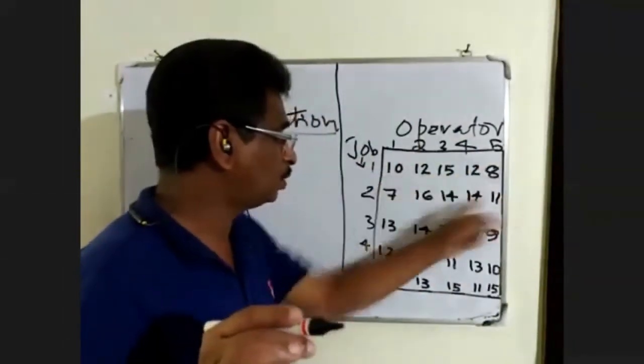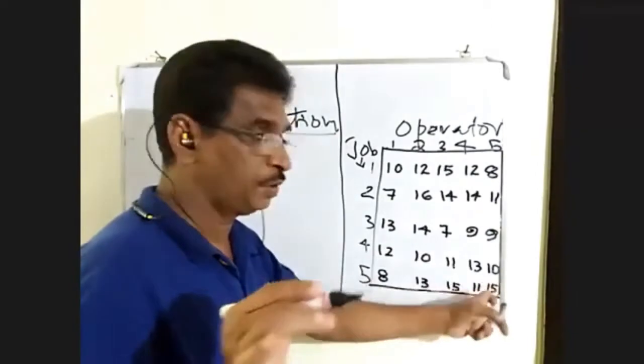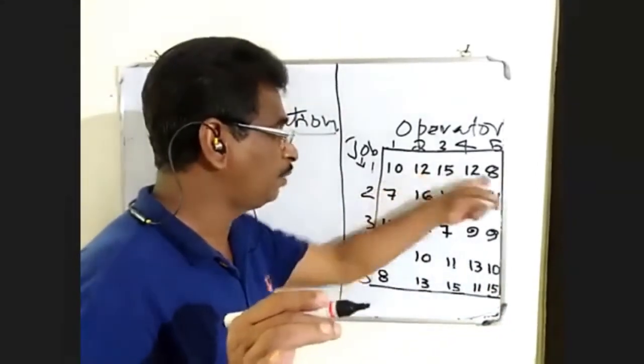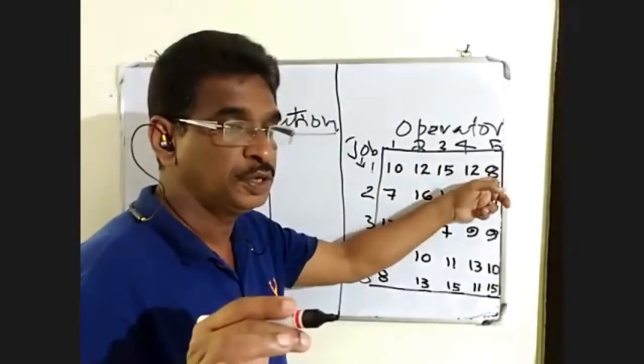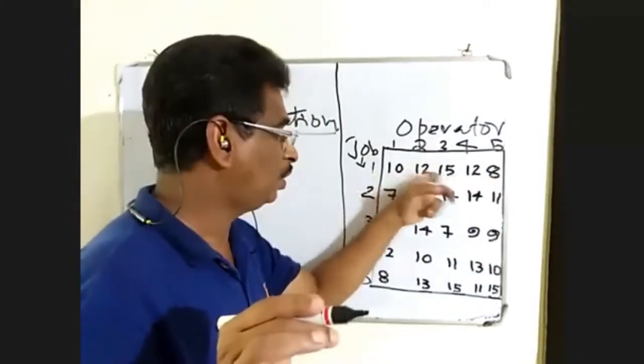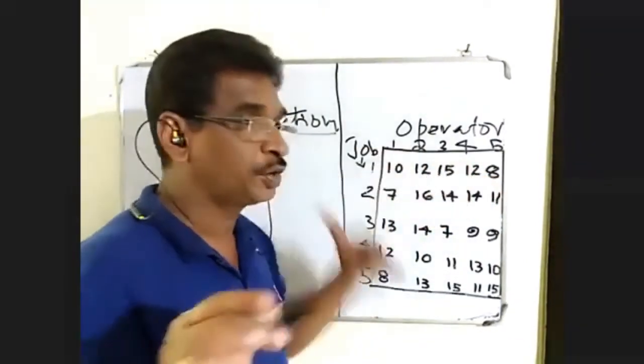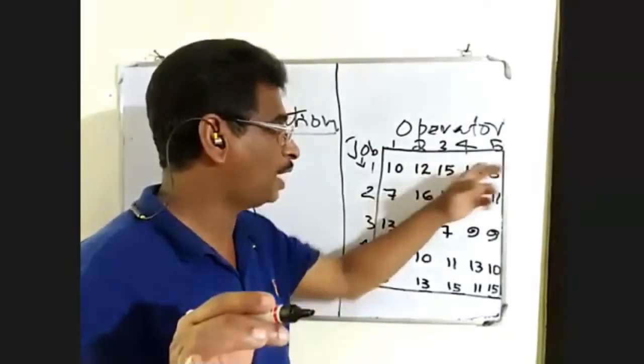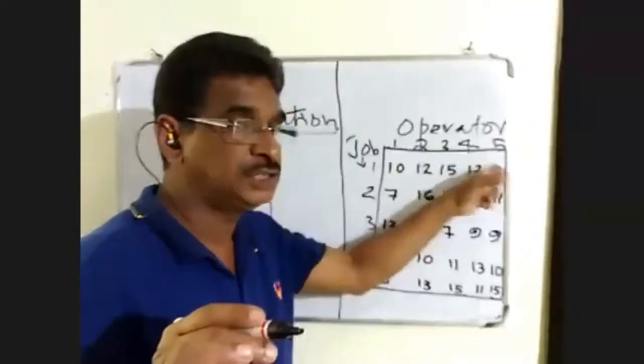The first row, second row, third row, fourth row, fifth row. Look at the first row. Which is the minimum value? 8. Row reduction means we have to subtract the minimum value from each value.